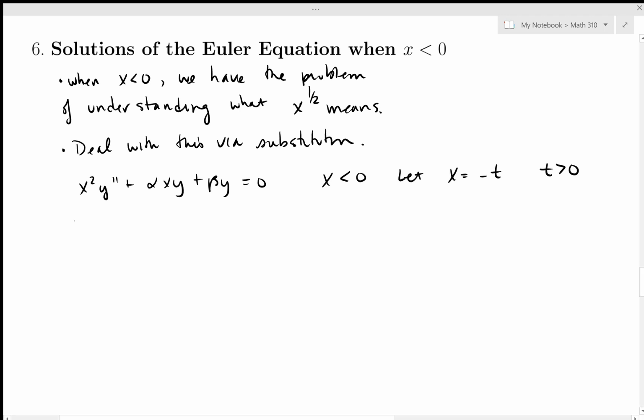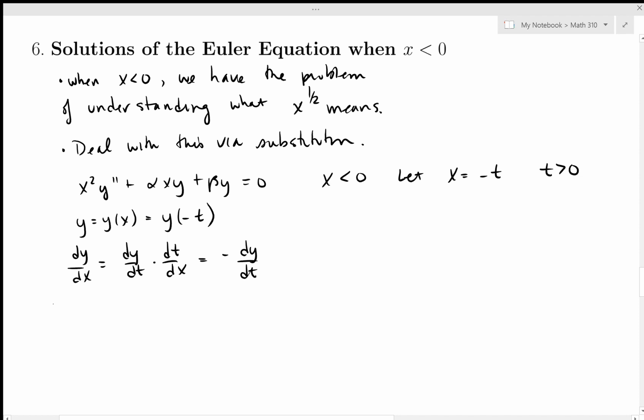It's just like the substitution I did earlier. y is initially a function of x, and it's still a function of x, but x is minus t. I employ the chain rule. dy by dx is equal to dy by dt multiplied by dt by dx, and that is, with this simple substitution, minus dy by dt.